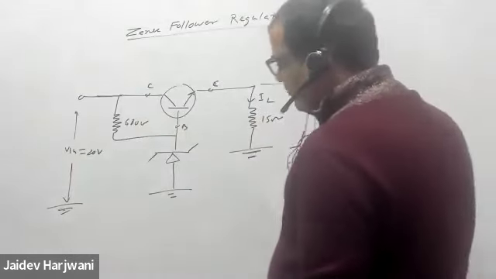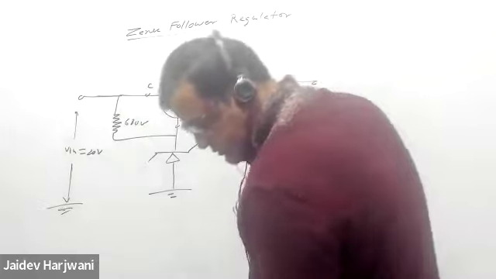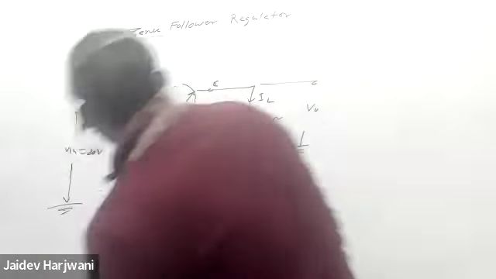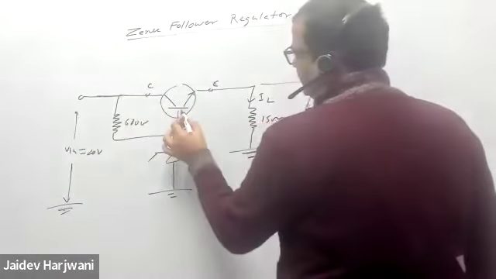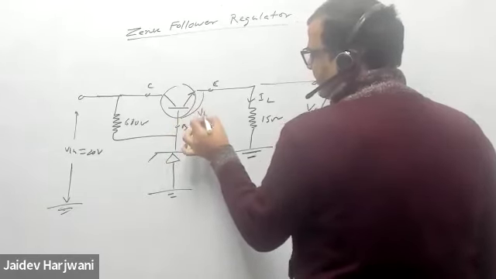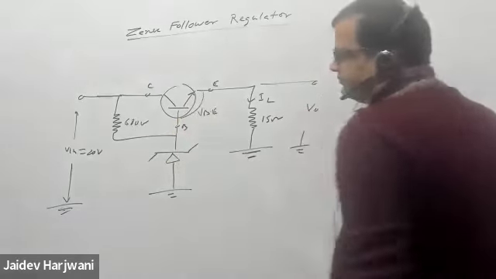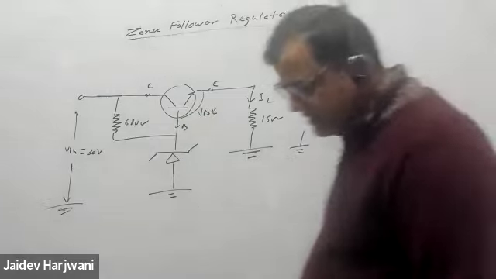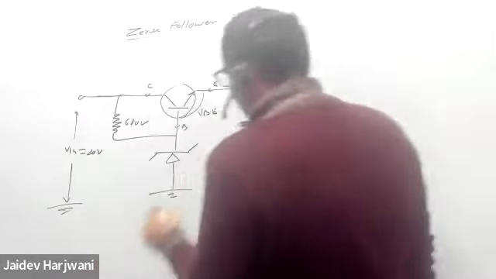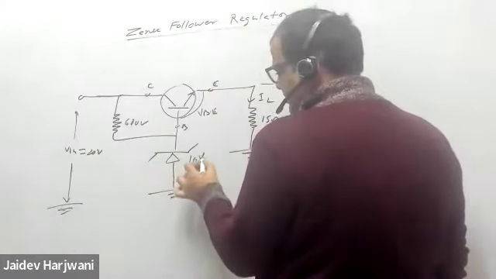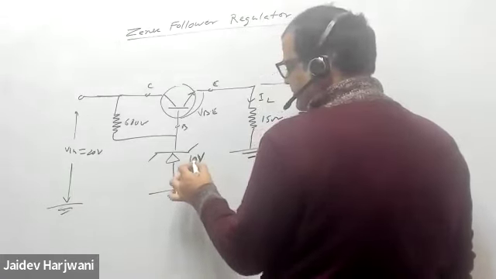VBE you can take 0.7. This B to E you can take 0.7 VBE. And the VZ given for the Zener diode is 10 volt.